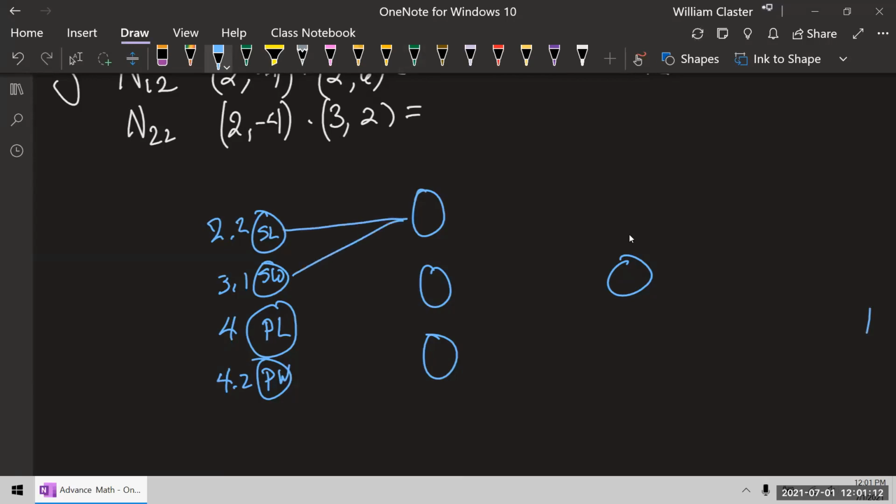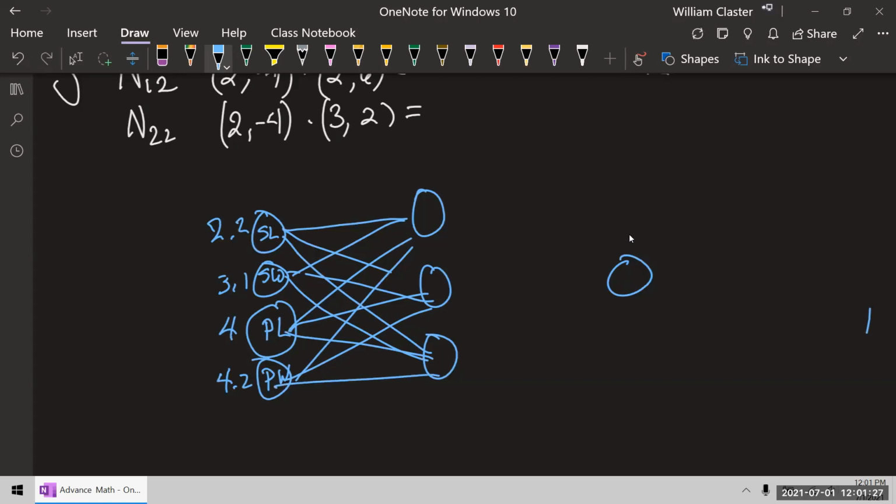So it's going to look pretty complicated. We have to do that, and that, and that, and that. We're going to have to get weights for each one of these, which obviously I don't want to do. How many lines are there here, by the way? 12, right? We have 3 times 4, 12 lines.